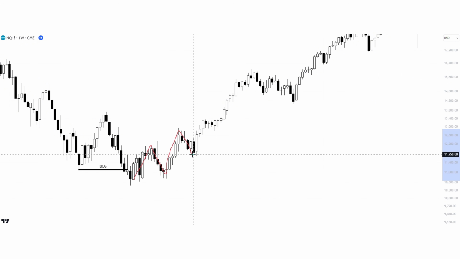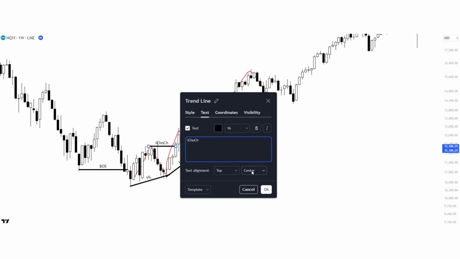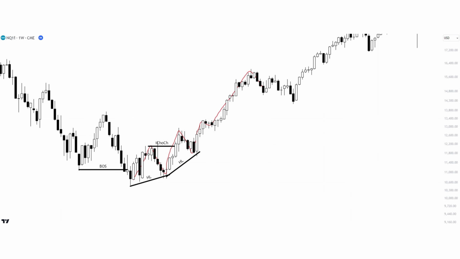So it's basically forming higher highs and higher lows. The trend slowly turning into an uptrend. We can clearly see here the formation of higher lows, and the upcoming one has it too. With the formation of a higher high on the bullish internal change of character, the trend is now validated as an uptrend, and that is later confirmed from the push to the upside that breaks the high and creates a new bullish break of structure.